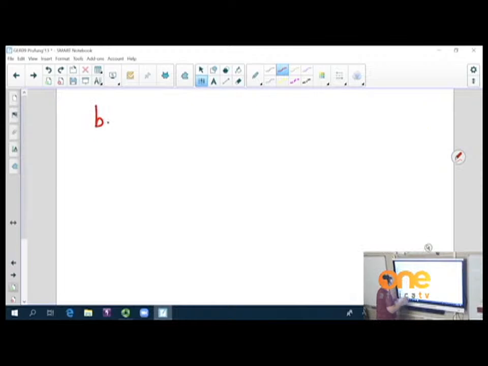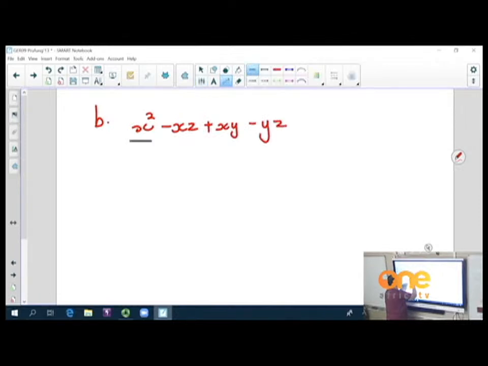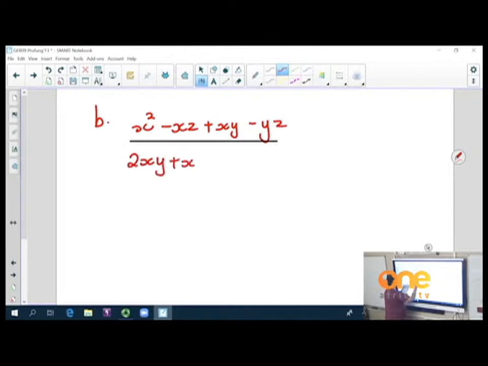Question B. Still grouping that we're dealing with here. X squared minus xz plus xy minus yz, 4 terms. This is going to be grouping, and then here you have 2xy plus xz minus 2yz minus z squared, and I'm going to group them. 4 terms, grouping.